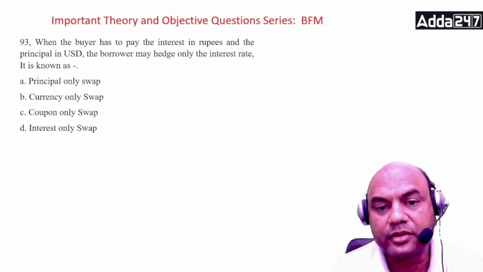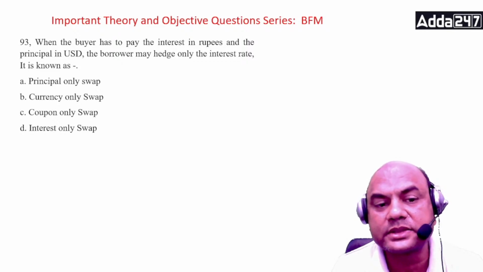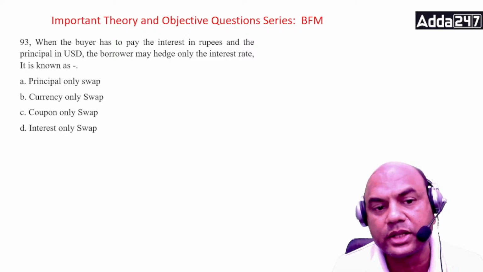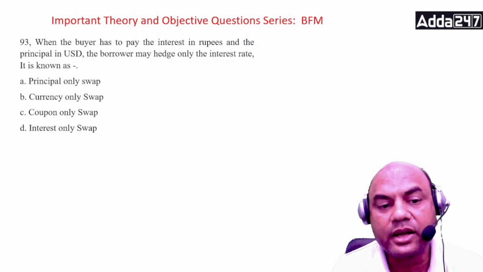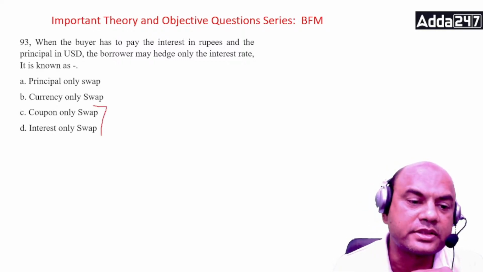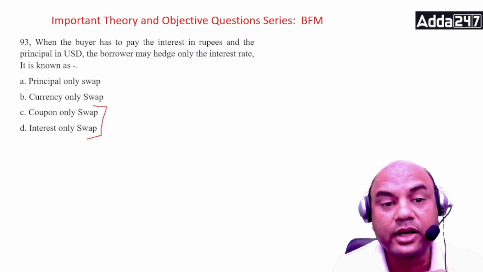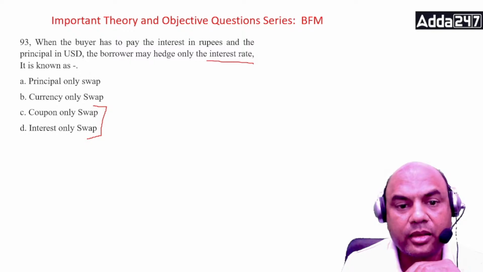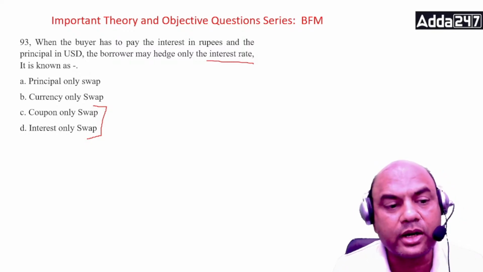So this borrower may hedge only the interest rate. It is known as what? Now all of you, I am seeing the answer. Majority of you are typing interest only, because the word interest is there.